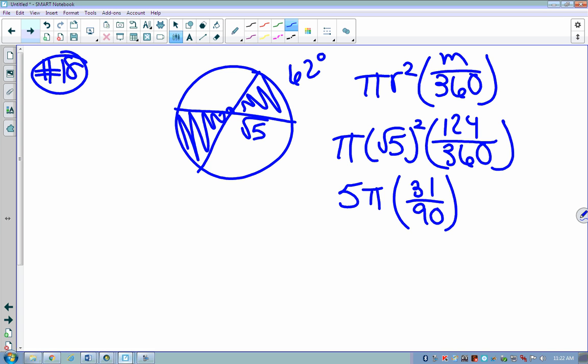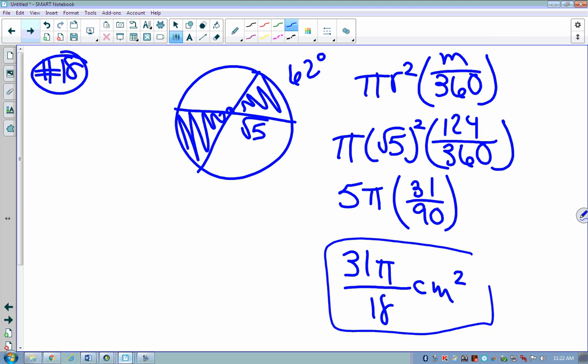Okay, and this whole thing is going to simplify to 31 pi over 18. I don't know if they give you anything in this, centimeters squared. So solve your answer in terms of pi. If you give it to me as a decimal, ask tomorrow, but I'm telling you solve it in terms of pi. Okay?